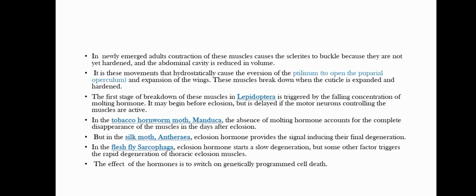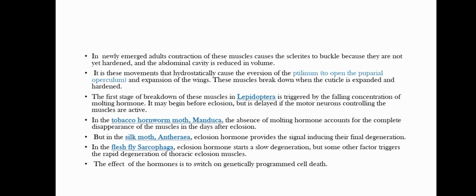In the case of the tobacco hornworm moth Manduca, the absence of molting hormone contributes to the complete disappearance of the muscles in the days after eclosion. But in the case of the silk moth, eclosion hormone provides a signal for the degeneration. So that will be the major difference.